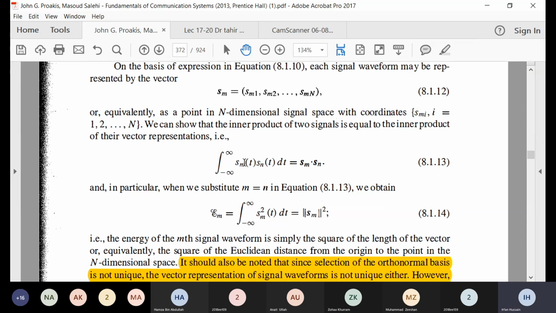And you can also take projections of any two signals, and it will come out to be the dot product of their projections onto psi 1, psi 2, psi 3. So rather than going to the integral calculation, you can just take the dot product of the vector notation.